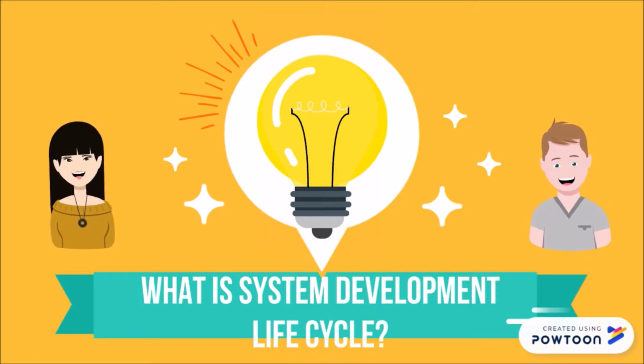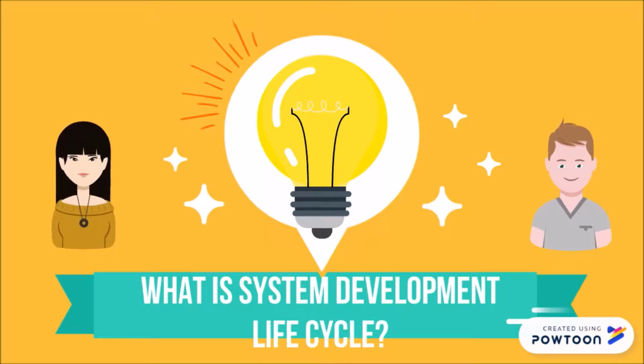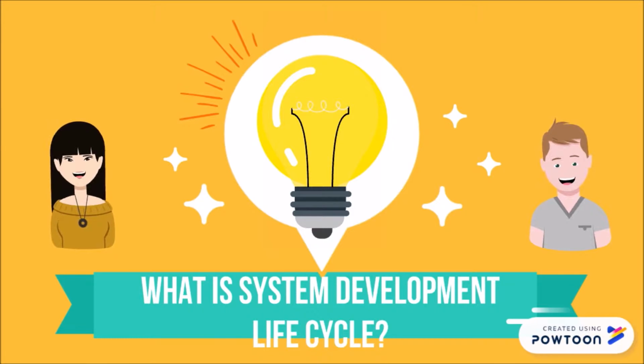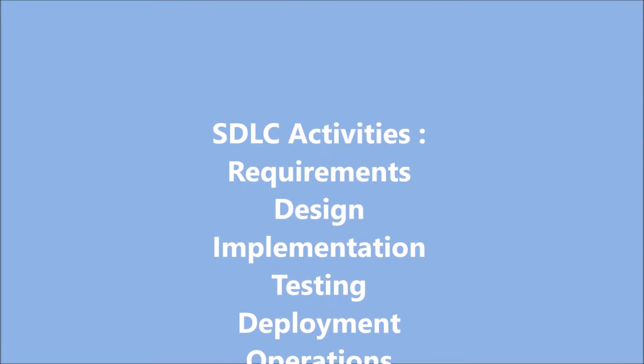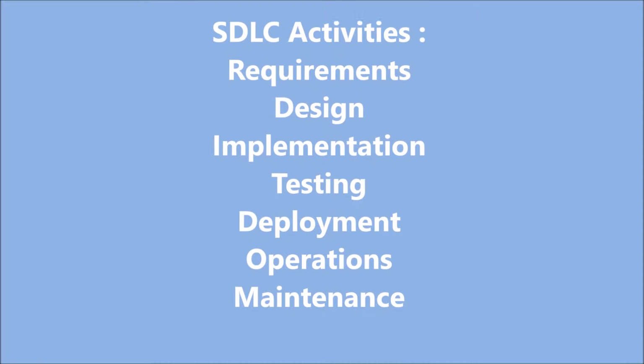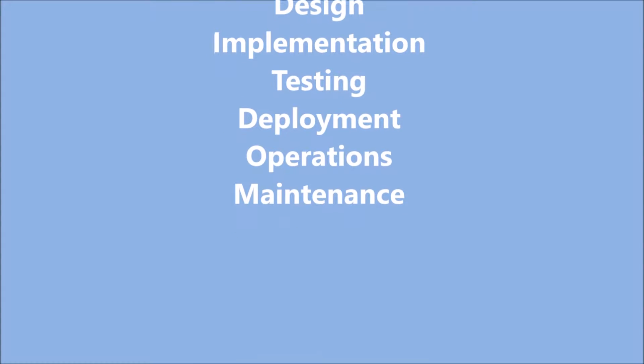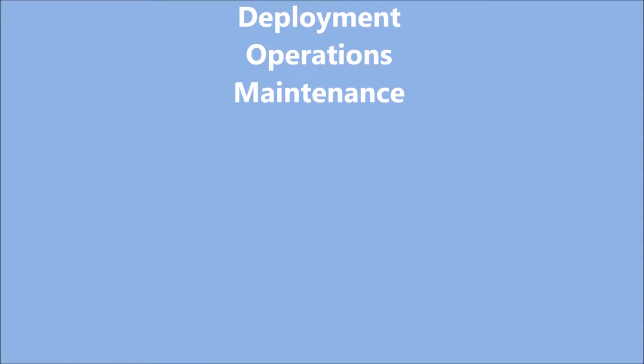The software development life cycle is the process which guides you through the project from start to finish. SDLC activities are requirements, design, implementation, testing, deployment, operations, and maintenance.